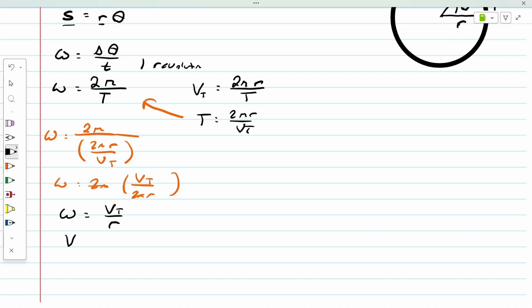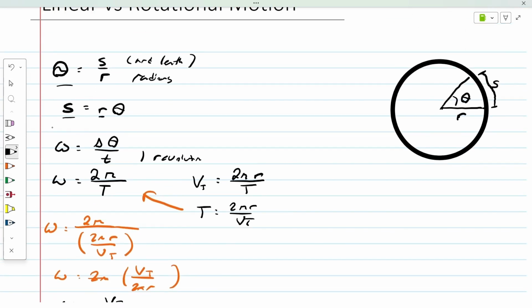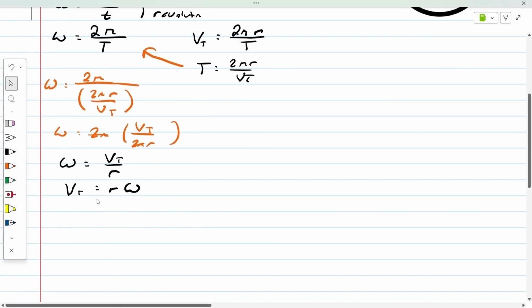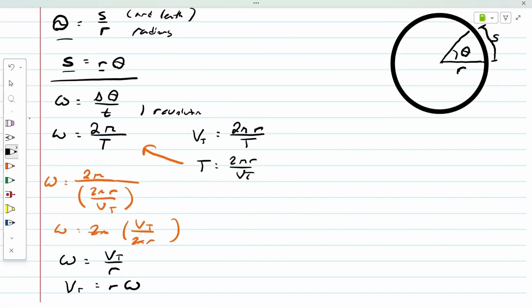If we rewrite this, we get the tangential velocity equals the radius times the angular velocity, which is in the same form as arc length equals the radius times theta. Let me box this in as our first equation.